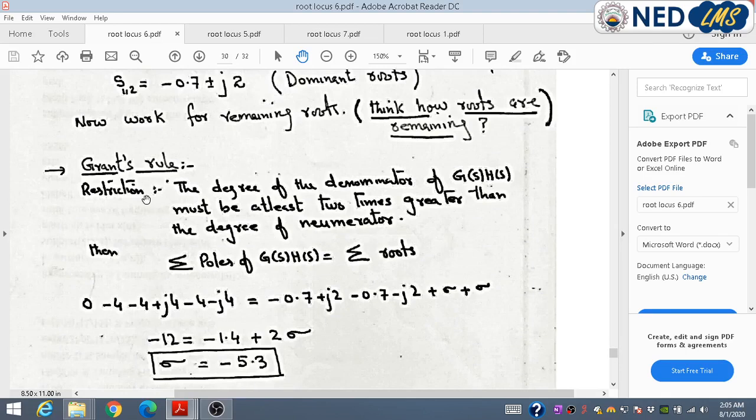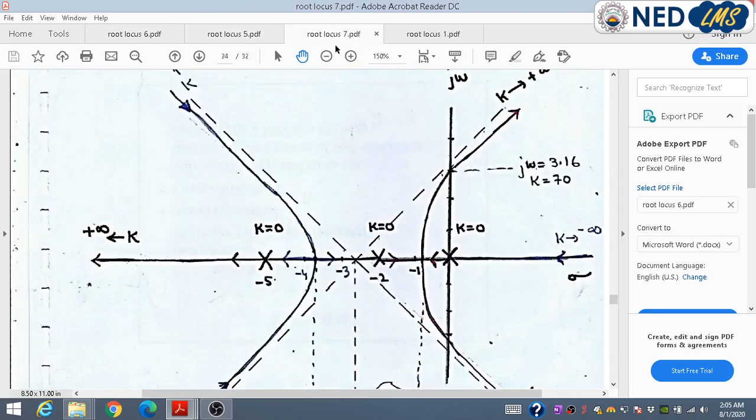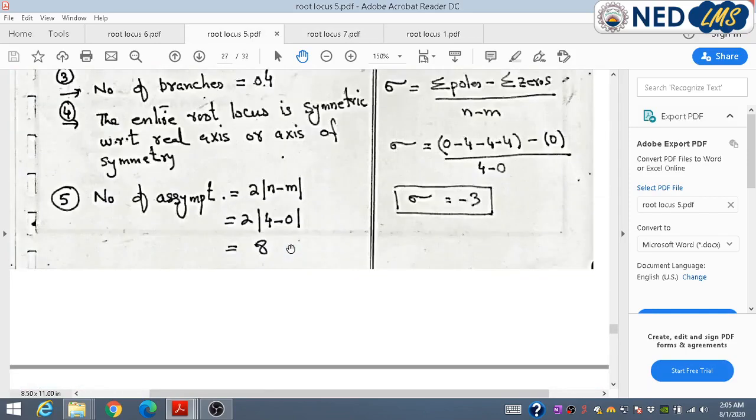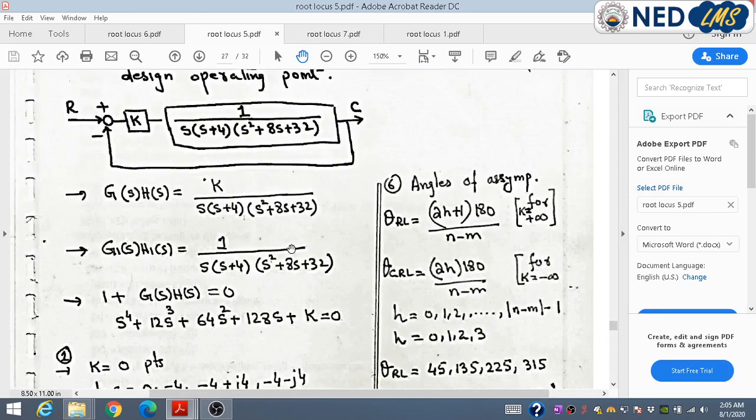It has some restrictions. We can apply Grant's rule if the degree of the denominator of the open loop transfer function GSH must be at least 2 greater than the degree of the numerator. So please check whether in our problem we have fulfilled this requirement or not.